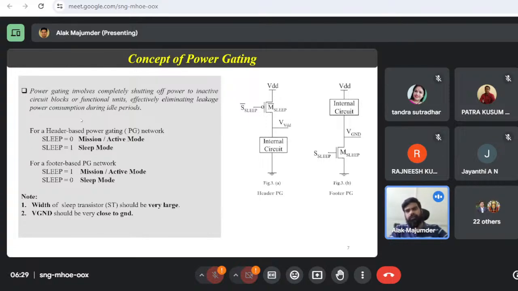Now what do we do in power gating? See this circuit. I have written something called internal circuit. Internal circuit is nothing but your logical core. Here, VDD and ground are your power lines, right? Between your internal circuit and VDD, I have connected a PMOS. This is my third party. And between the internal circuit and ground, I have connected a third party as well.